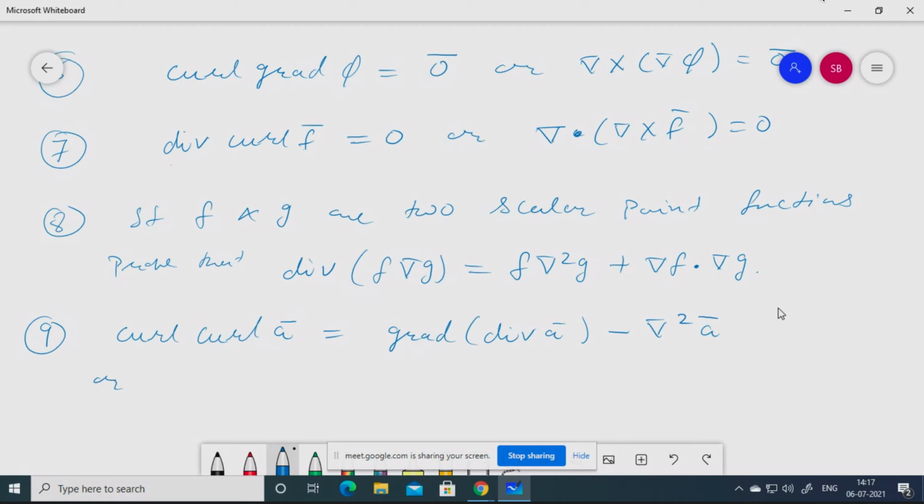Or in notation wise, if I write this, it is nothing but curl of something means del cross, again curl of given, so del cross del cross A bar. Gradient of something means del only, del. Divergence of A bar means del dot A bar, minus del square A bar.